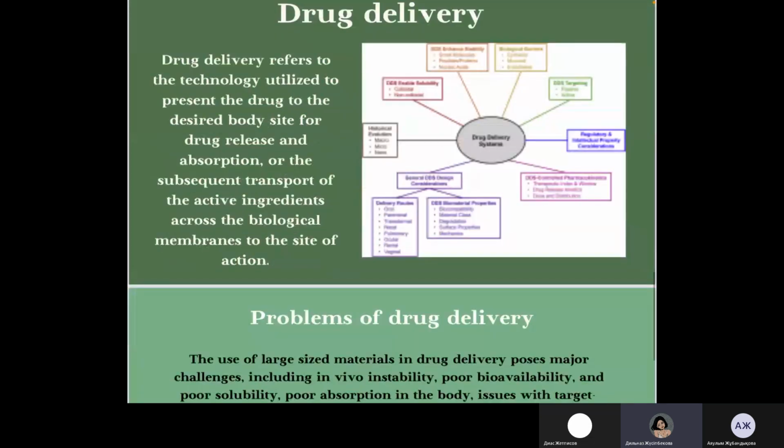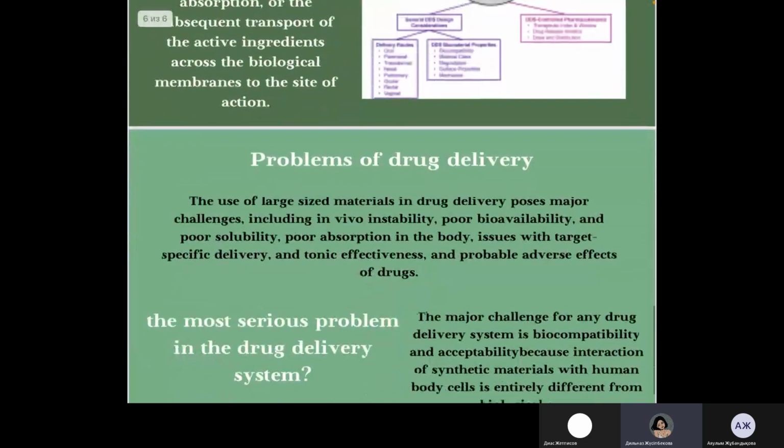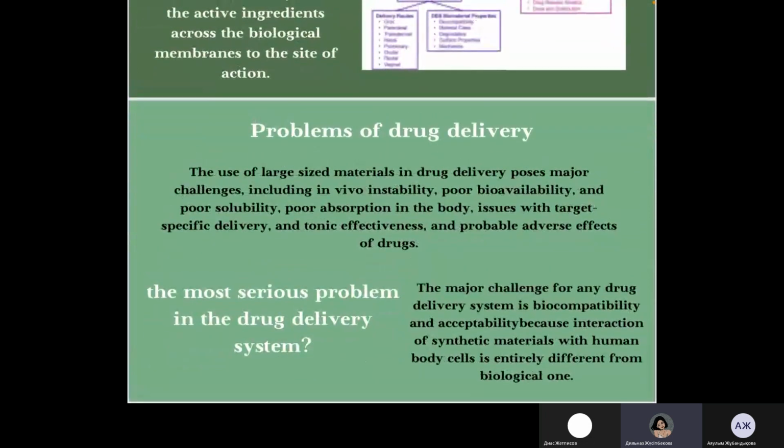Next are the problems of drug delivery. The use of large-size materials in drug delivery poses major challenges, including in vivo instability, poor bioavailability, and solubility. Also absorption in the body and issues with target specificity.